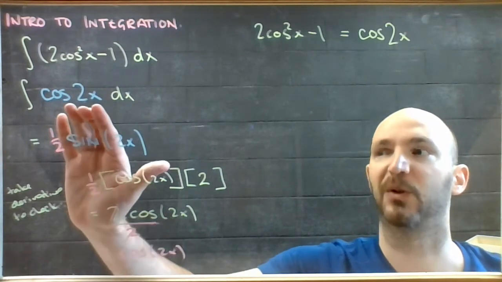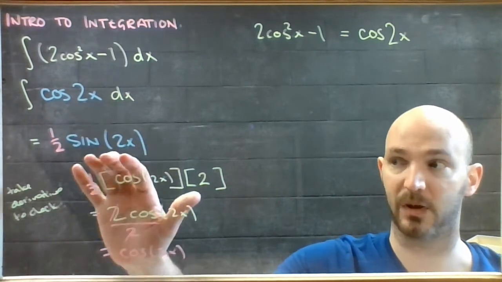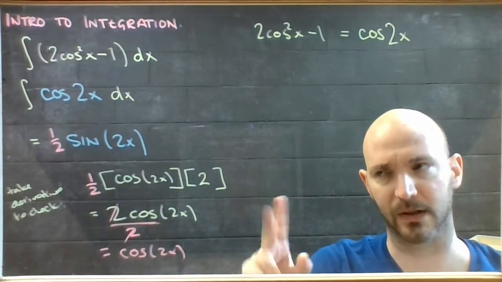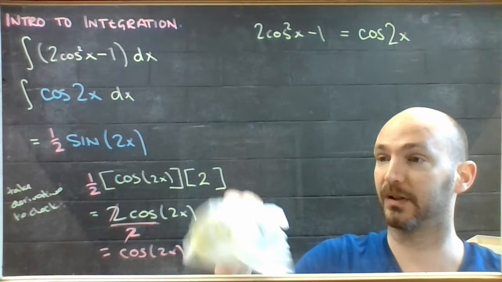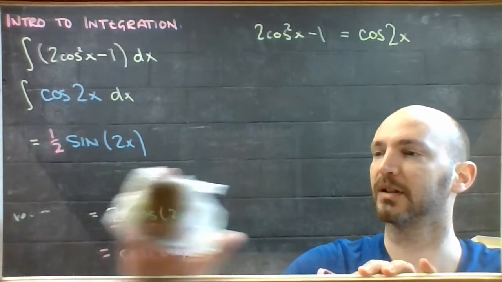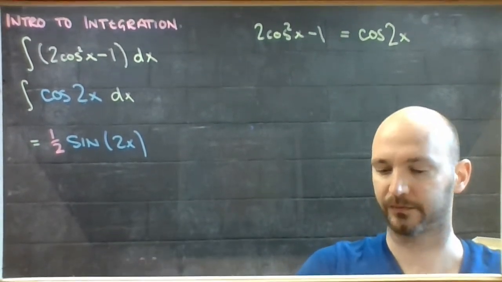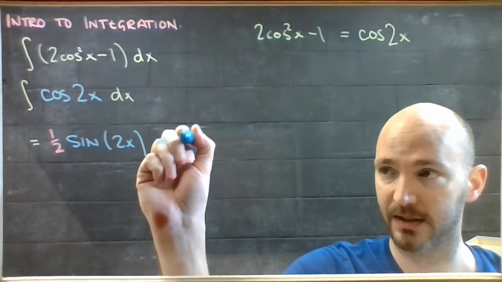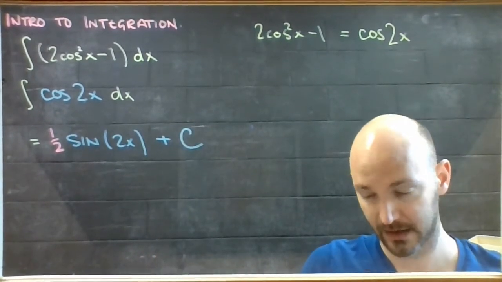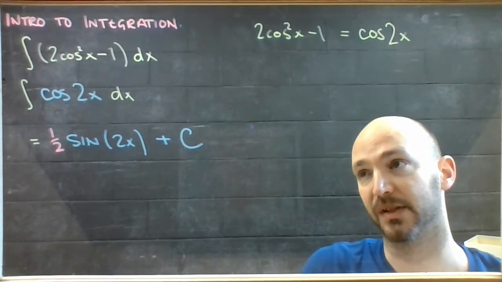So the integral of cos 2x must be 1/2 sine 2x. That's how it works. The only thing I need to finish her off is to clean up this mess so that I don't have to look at it anymore, and remind myself that this function could have any constant I like tacked on the back, and it would still have the correct answer.